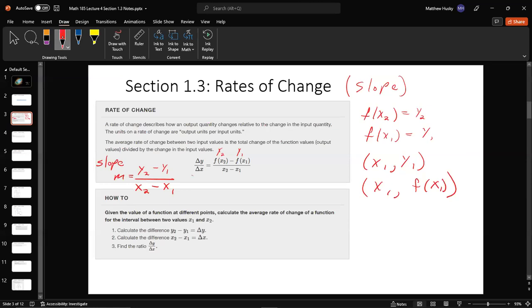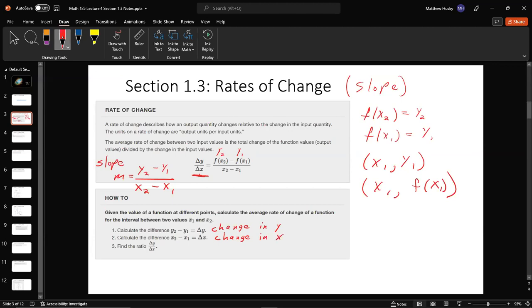You might have seen this notation before, delta y over delta x, and that just means delta, they use that to mean the change. So this is called the change in y and the change in x. And so again, if you calculated the slope before, that's really all this is.